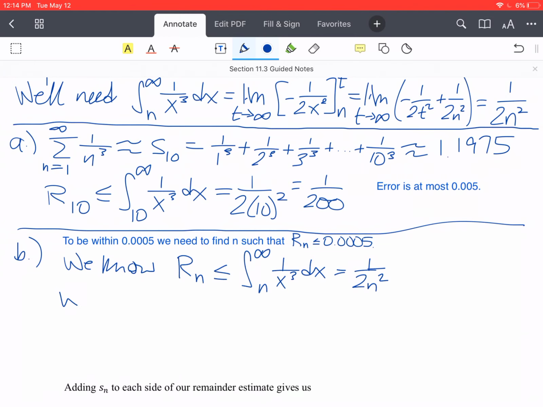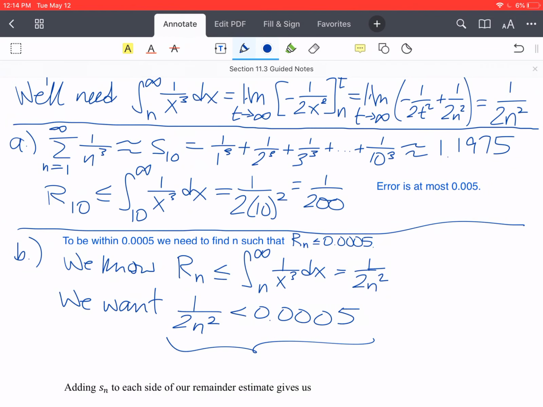What we want is for this value of the remainder, which we're saying is less than or equal to 1 over 2n squared, we want that to be less than 0.0005. Now that we have this relationship, which is what we want, we can solve the inequality for n, and that's going to tell us how many terms we need.